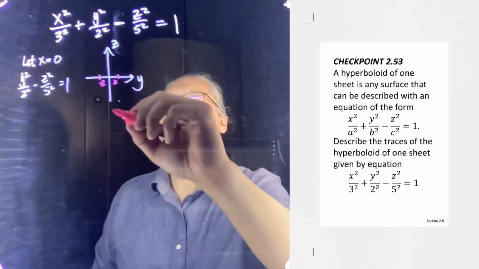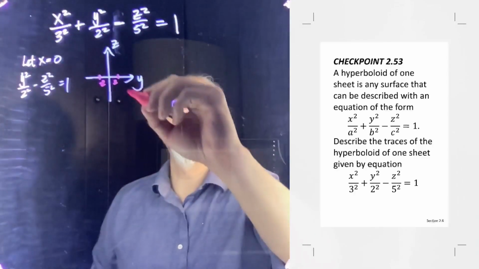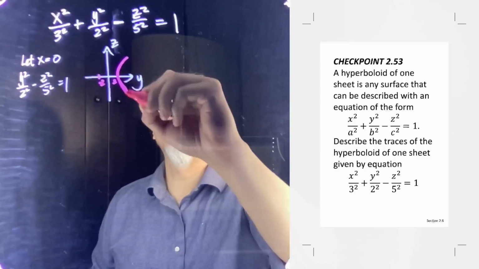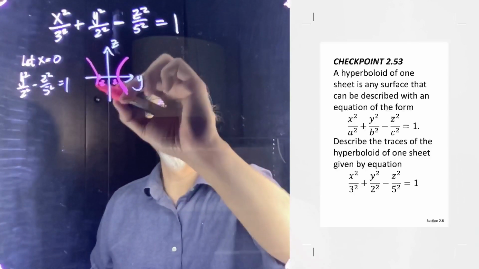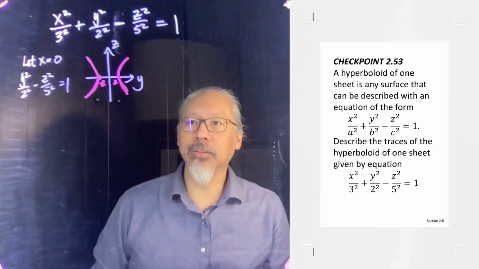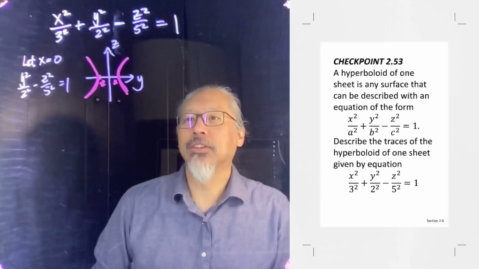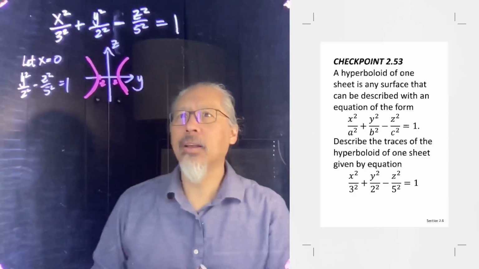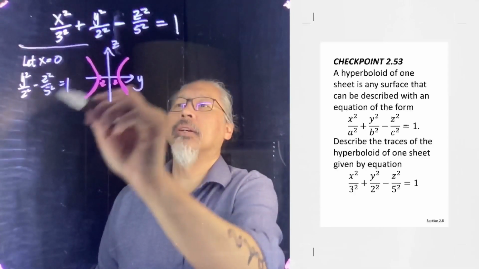And then our hyperbola will open sideways. We can just imagine what the shape of this would be. Let's just draw it out without much detail. I mean, we can draw the asymptotes and find the foci and all that, but let's just say it'll look something like that. Alright, so that's the first part.